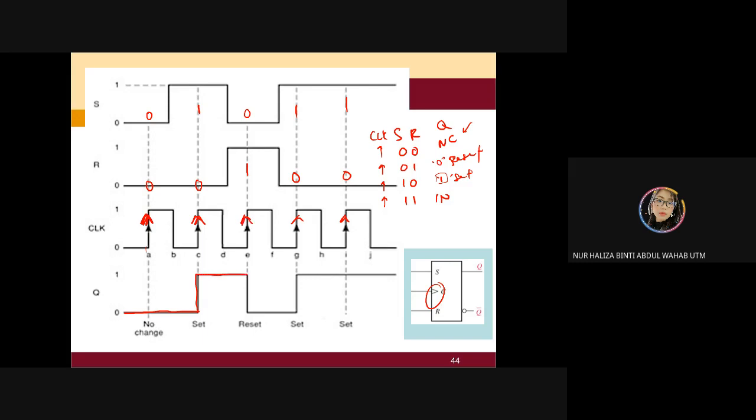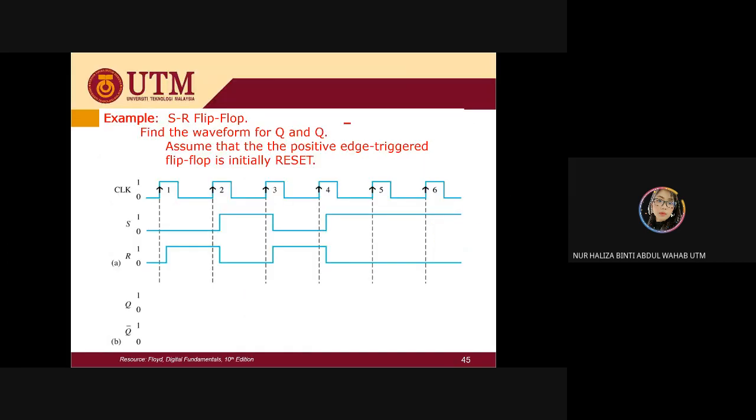From here you check 0, 1. 0, 1 is reset. So you reset back and continue until you meet another clock. Another clock is 1, 0, which is set. You're going to continue your set until you meet another clock. Another clock is 1, 0, means that set. You continue until finish. That is how you can draw.